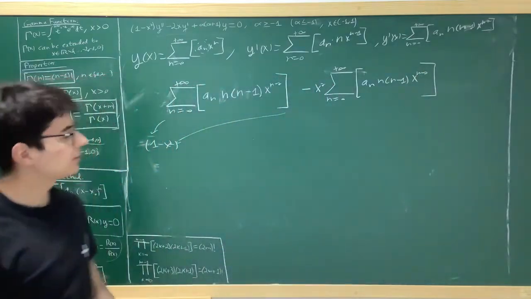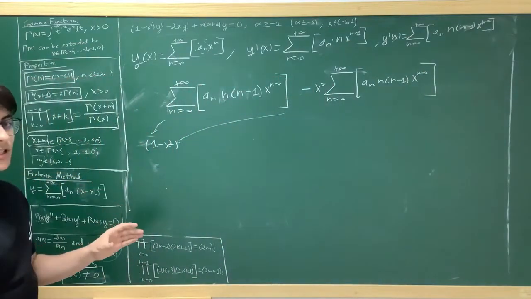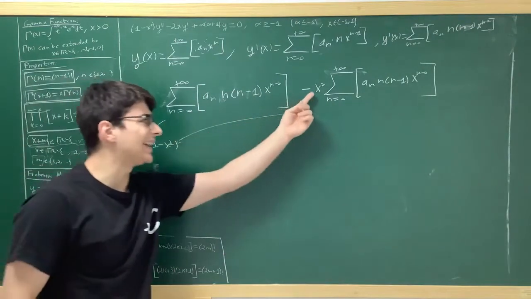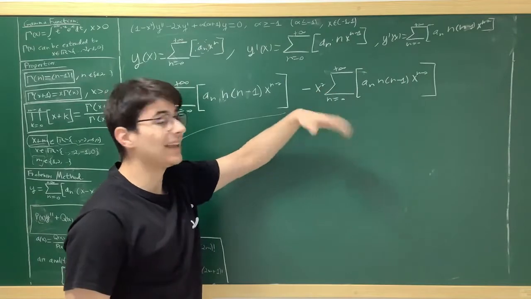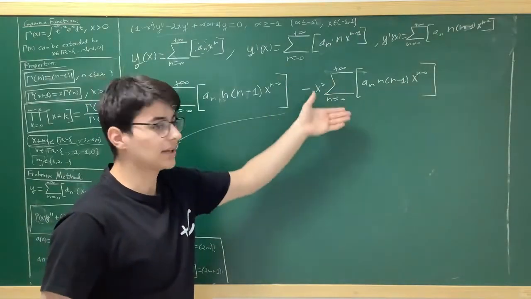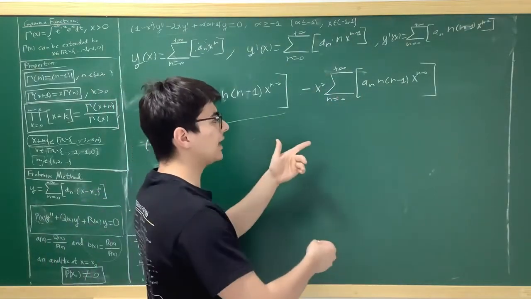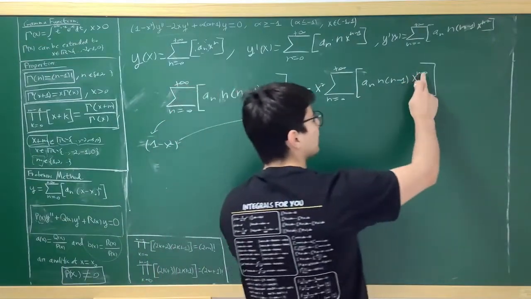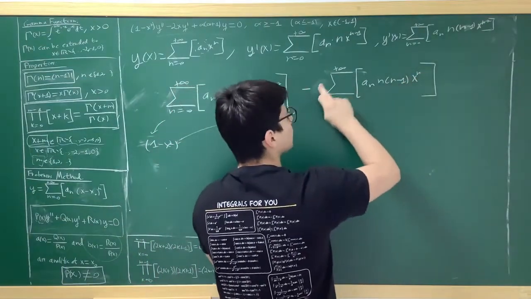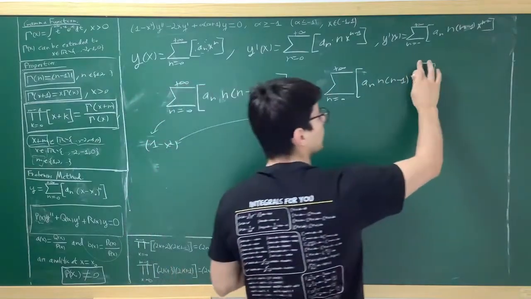And a property that we can use for this kind of sums is that we can take the x inside, because all that is varying in the sum is n. So x is like a constant in the sum, so we can take it inside. x squared times this is just, we add a 2 here, and we get x to the n.